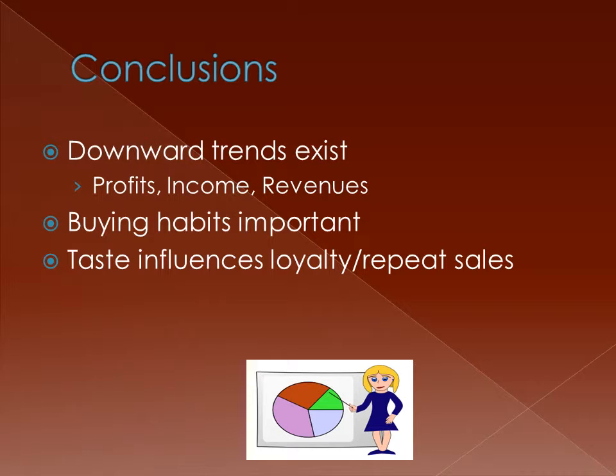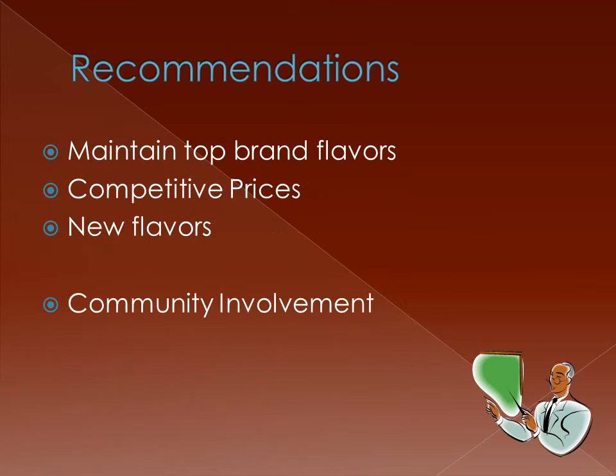And last, taste influences loyalty, which also influences repeat sales, which goes on to the buying habits. Consumers like the taste, they like the product they're drinking. That increases repeat sales. So buying habits are important to maintaining sales levels, if not increasing them.